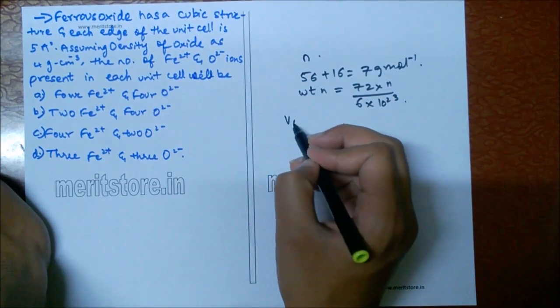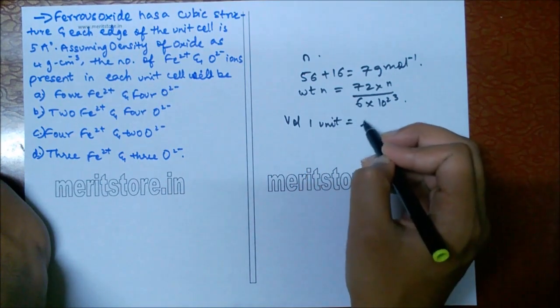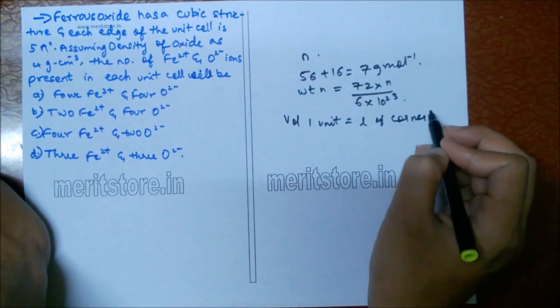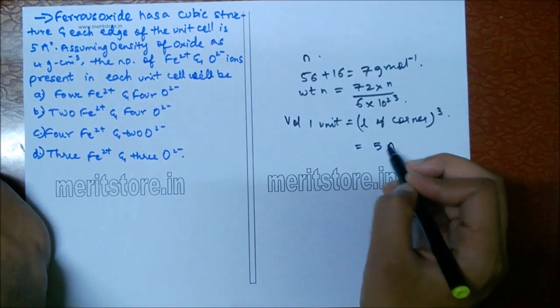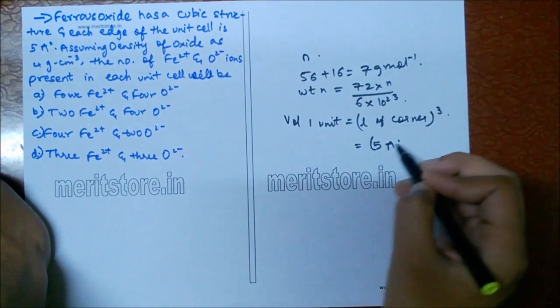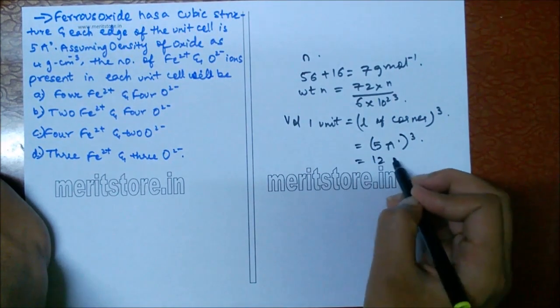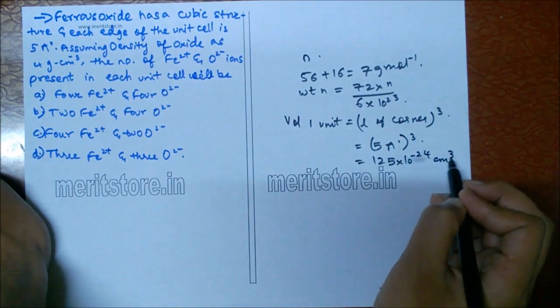Volume of 1 unit cell is equal to the length of the edge cubed, which is 5 angstrom cubed. So this will be equal to 125 into 10 raised to minus 24 centimeter cube volume.